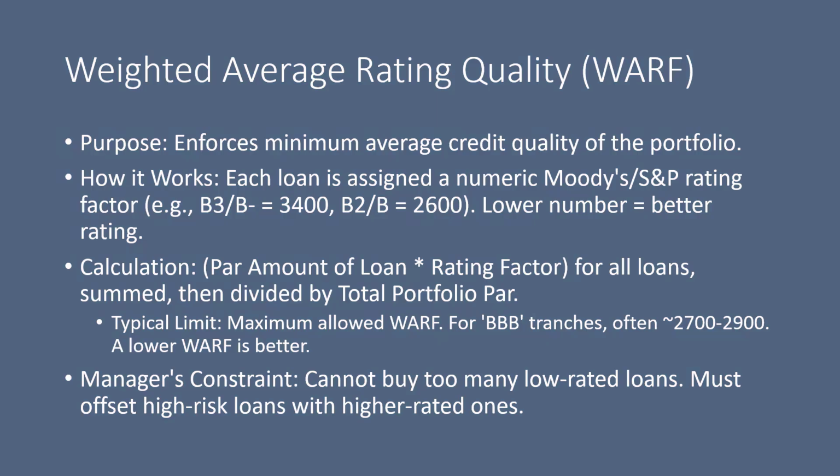Each loan has a numeric rating, where a higher number means a lower rating, depending on which credit agency is used, but always the higher number means worse credit quality. So, for example, B minus gets a 3,400, while a double B might be 1,000.